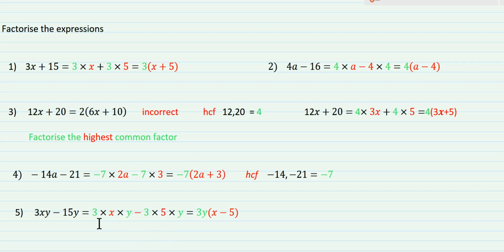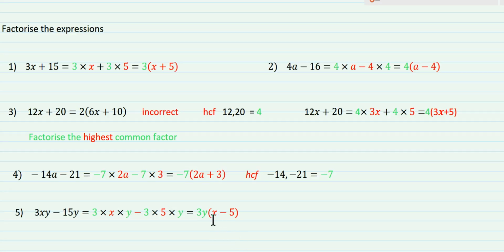Now 3 and y are common to both terms, so you put 3y outside. So what's left behind here is x, open bracket x, and what's left behind here is a minus 5, so you put a minus 5 here. So it's 3y into x minus 5.